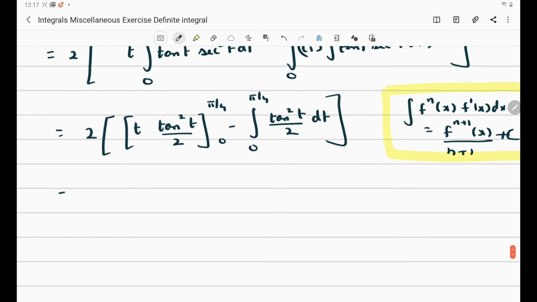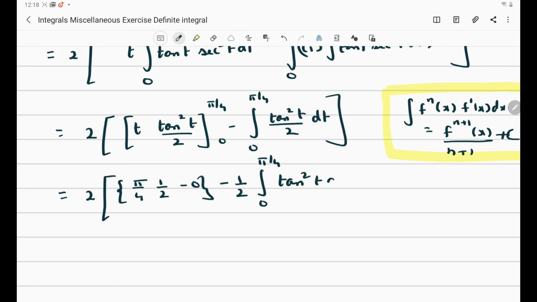So we can further simplify this, write it as 2 times, substituting the upper limit, we get pi by 4 tan square pi by 4 is 1 by 2, minus 0 minus 1 by 2 into integral 0 to pi by 4 tan square t dt.